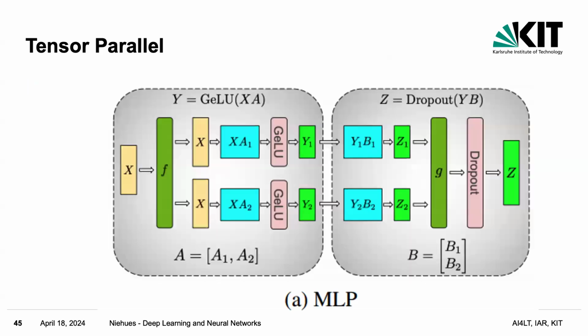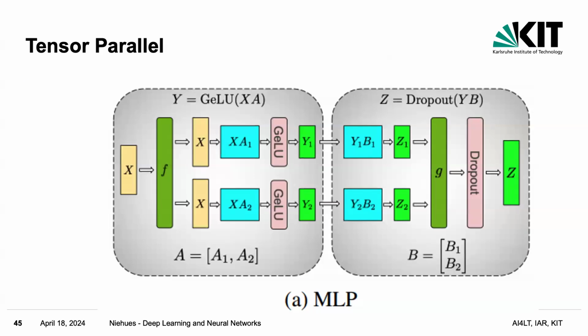You can also see that on larger networks, the full neural network. If you want to do a normal MLP, which is some activation function applied to the input times our weight matrix, we split our weight matrix into 2 parts, A1 and A2, and then we do the calculation A1 on GPU 1 and A2 on GPU 2, and then you get the 2 results, Y1 and Y2.